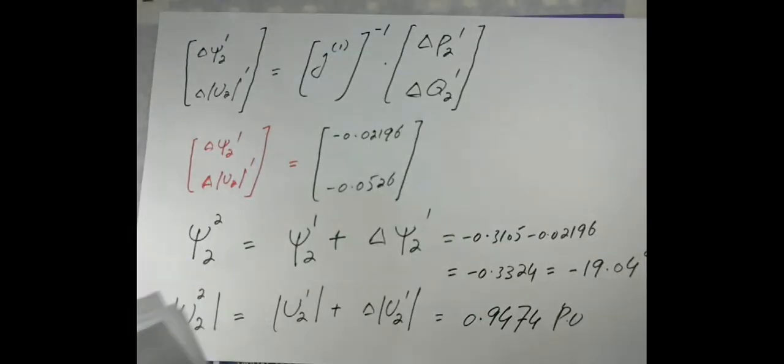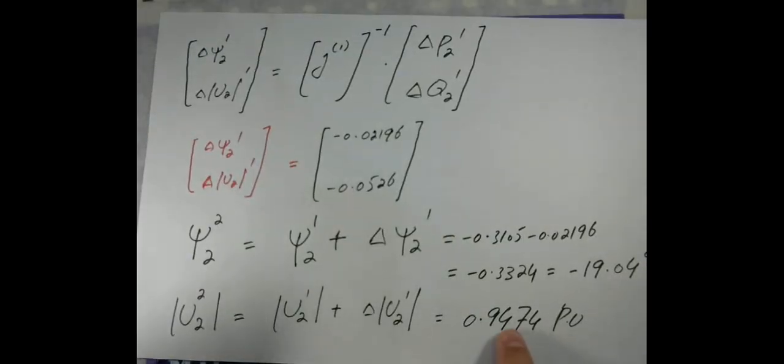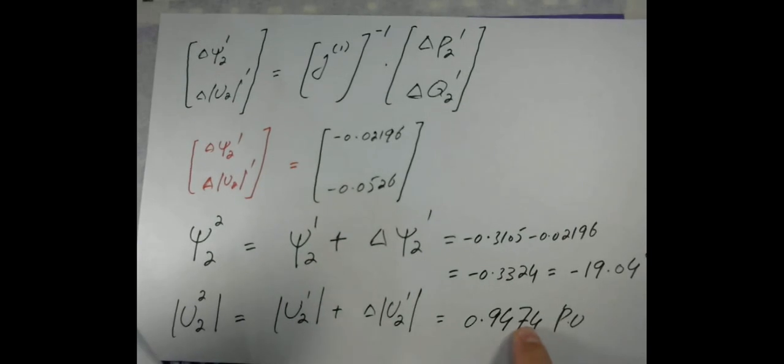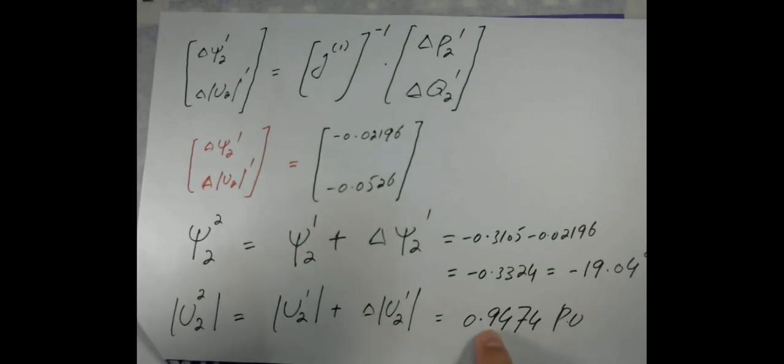The magnitude of the voltage was 0.95 in the case of the Gauss-Seidel method, and here it is 0.9474. If one uses just 2 digits, as you know the rounding rule, as it is 7, it will also become 0.95. So more or less the same value as this one.